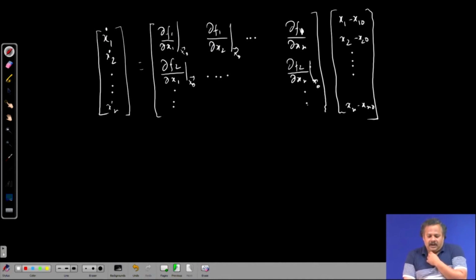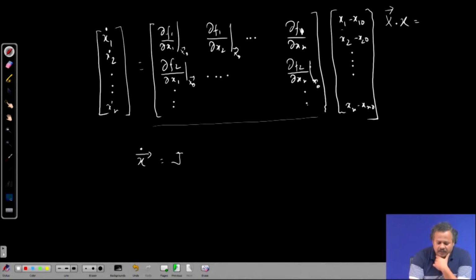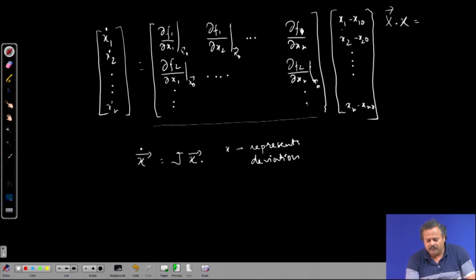Now if we replace capital X by little x, then this whole equation can simply be written as x dot equals this matrix, which is a Jacobian, times x, where x is a vector representing deviation from the equilibrium point.